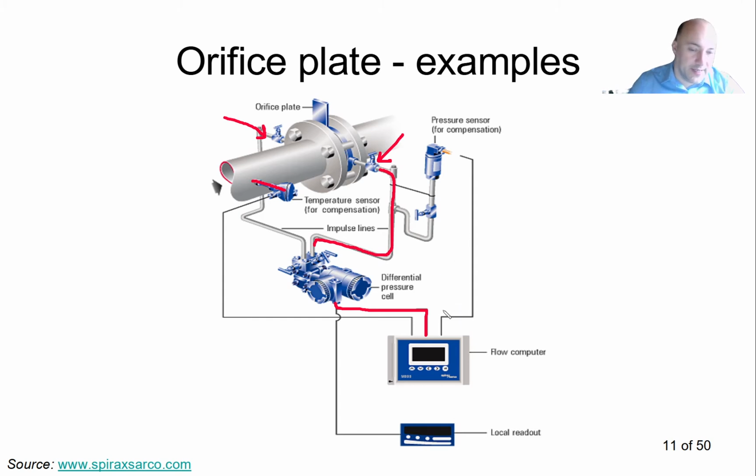So it might be even a more complicated equation if we use the data from this pressure sensor. And at the end, from this flow computer, we'll get a reading either on a display, or we'll see that on some computer screen, and it will be connected to a control system of our plant, for example.